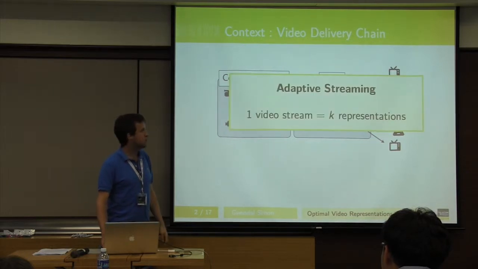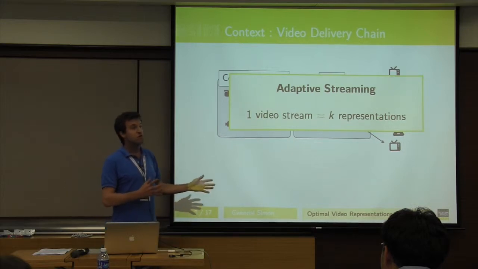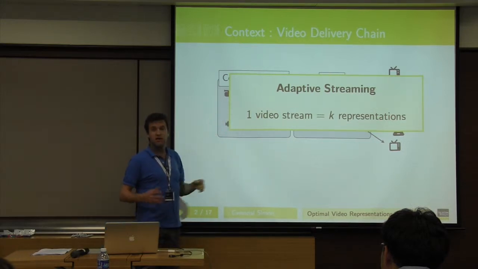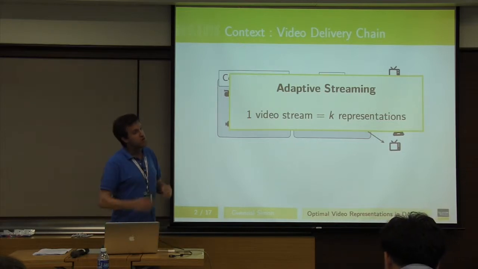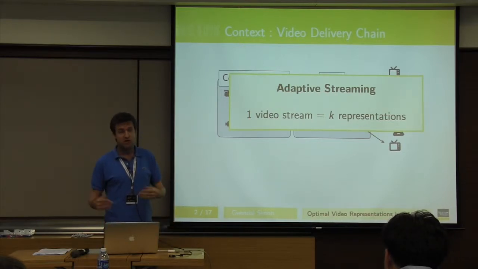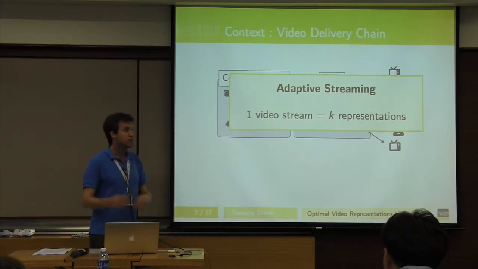You all know that adaptive streaming means that one video stream input from the content providers is transformed into K different representations. We'll talk about the representations for the different videos produced in the DASH systems.